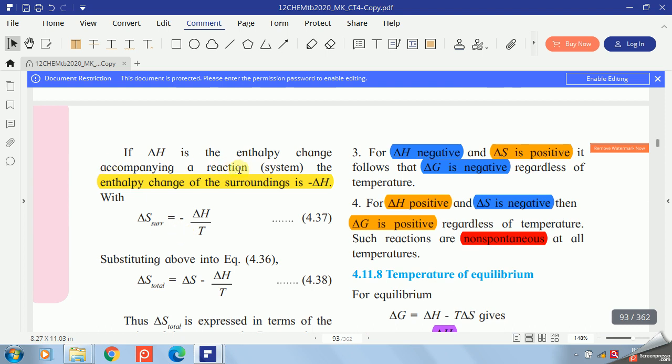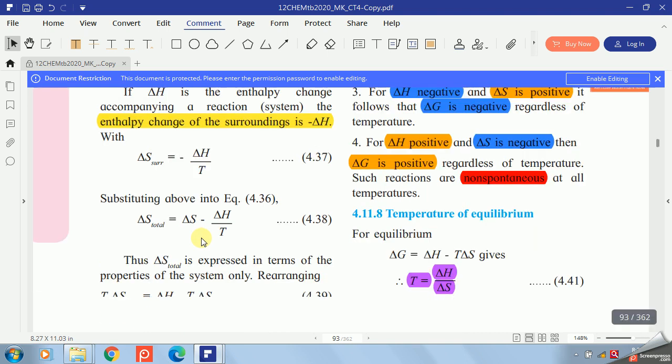If delta H is the enthalpy change accompanying a reaction or system, the enthalpy change of the surrounding is delta H but with a negative sign. If delta H is positive for the system, then for the surrounding it is negative, so minus delta H. So the change in entropy for the surrounding is equal to minus delta H divided by T.